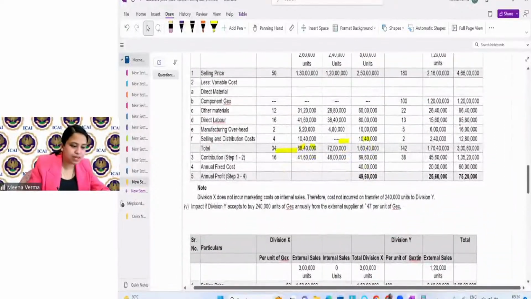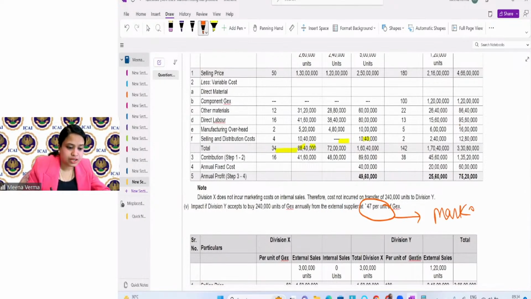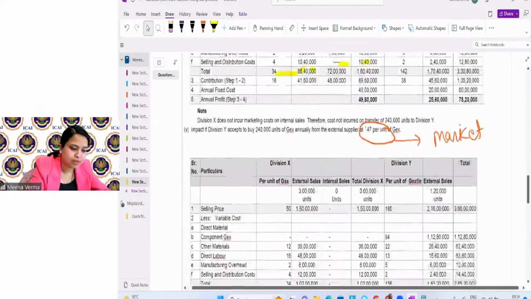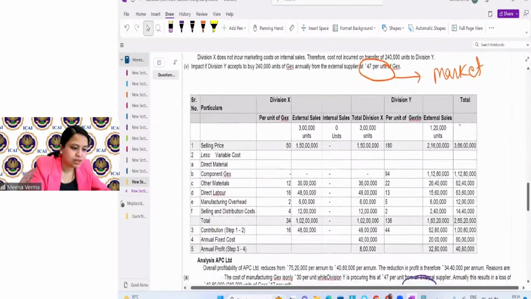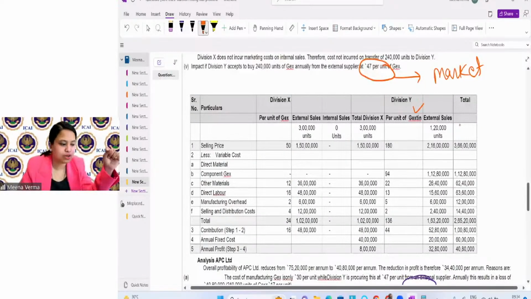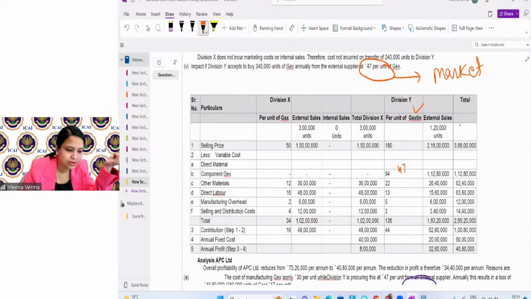So for example, if the company has taken 47, they are buying it from the market. So instead of buying it internally, they are buying it from the outside market. What will happen here? Division Y will buy the unit from the outside market at rupees how much? 47.